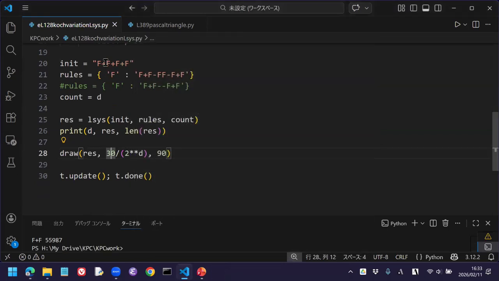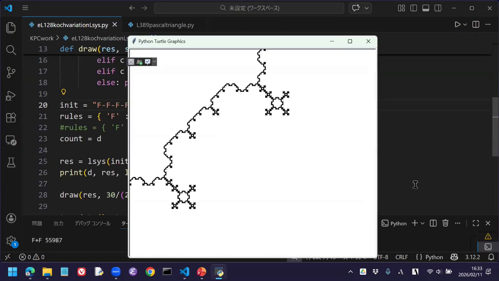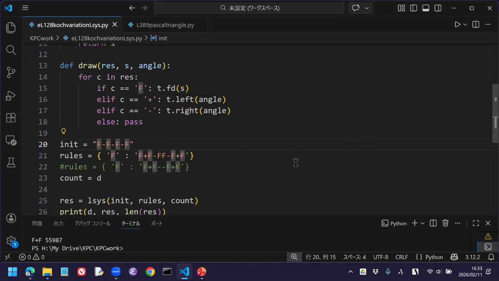Or, instead of plus, we can try minus at each corner. It will be like this. Yeah, okay, a little ugly. Anyway, this is another variation you can try if you want.